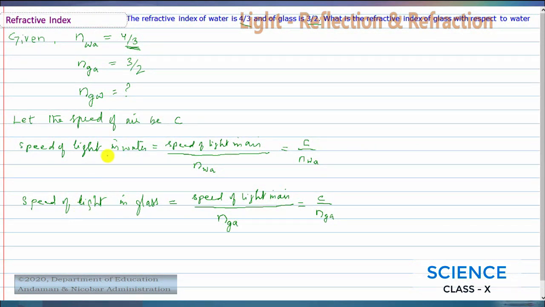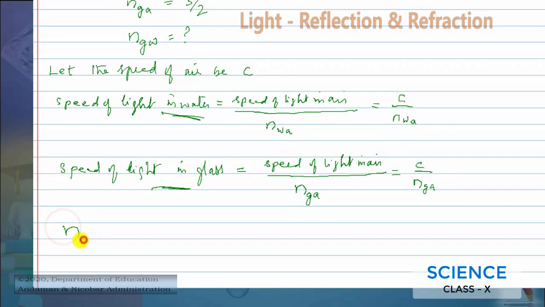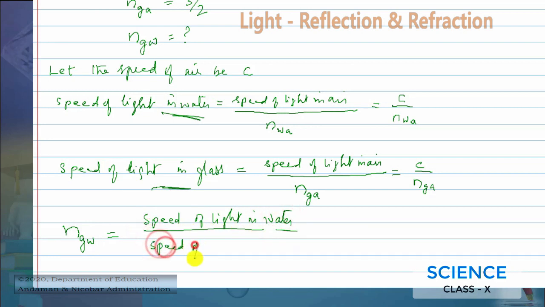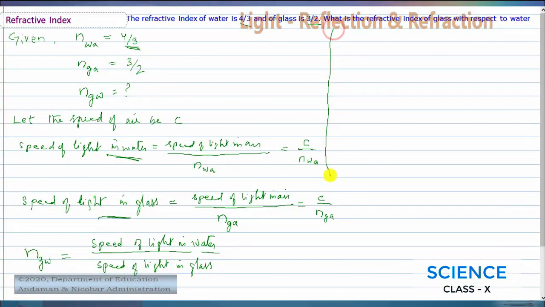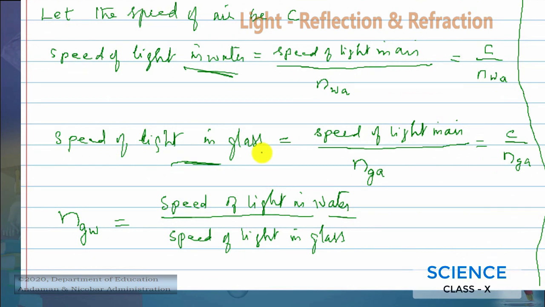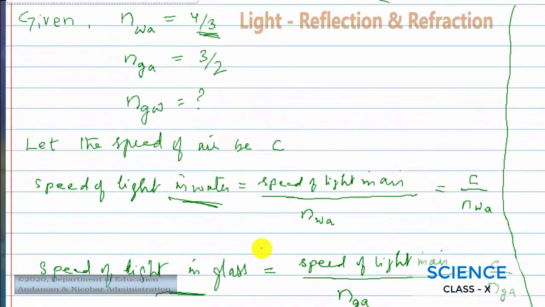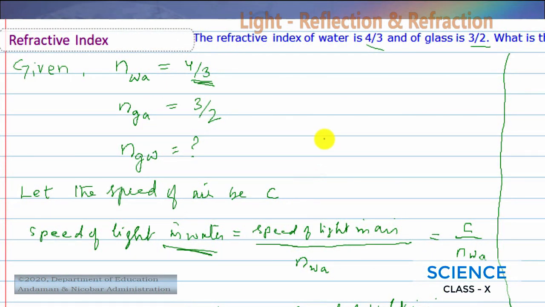Now we have the speed of light in water and the speed of light in glass. So knowing this information, we can find the refractive index of glass with respect to water. How can we write? The refractive index of glass with respect to water is equal to the speed of light in water divided by the speed of light in glass. Now we know that the speed of light in water is c by NWA.